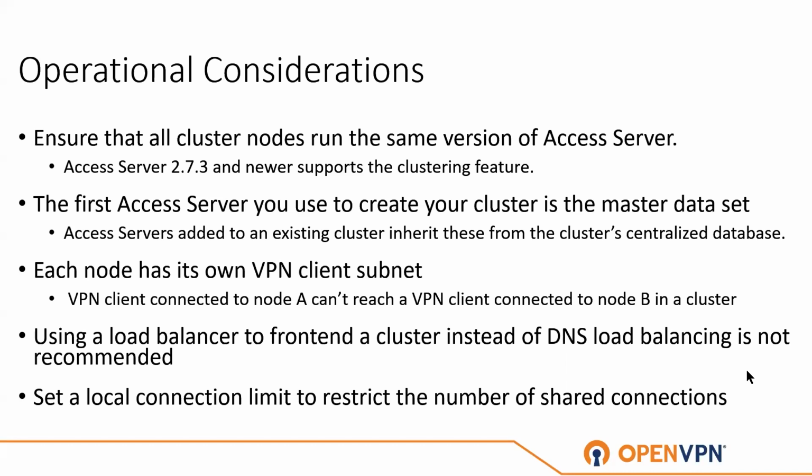For example, in the secure internet access scenario, if there's a data center on the West Coast and one on the East Coast, all sharing the same connections, and you know you have more employees on the West Coast, you can put a limit on the nodes in the East Coast to only use a set number of connections from that entire pooled number of connections. And you can find the instructions on our website.